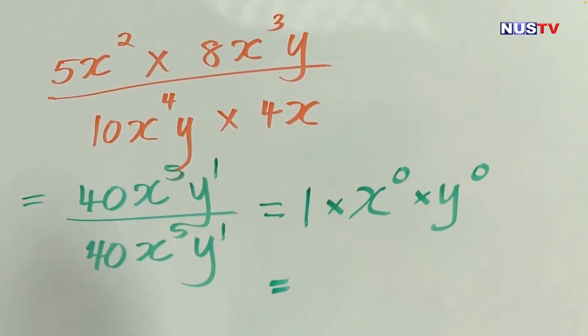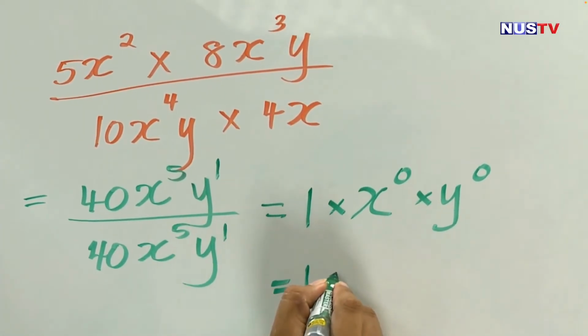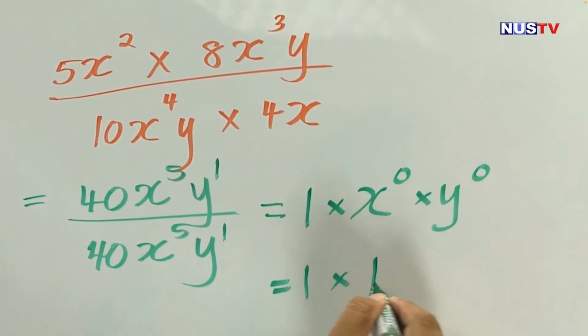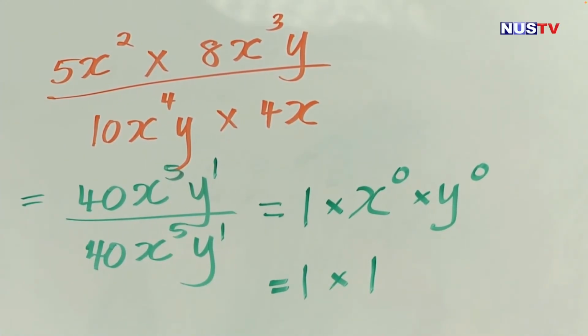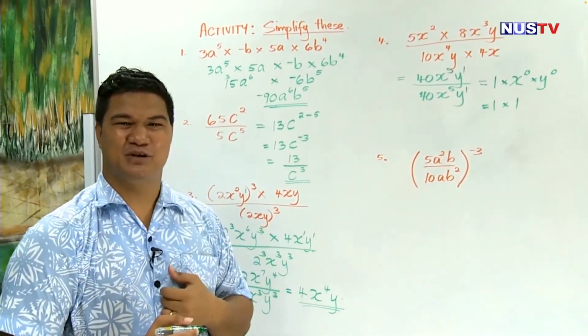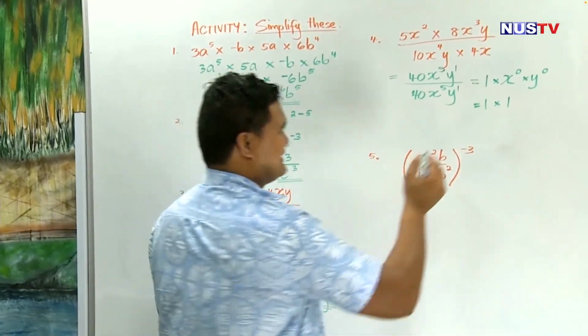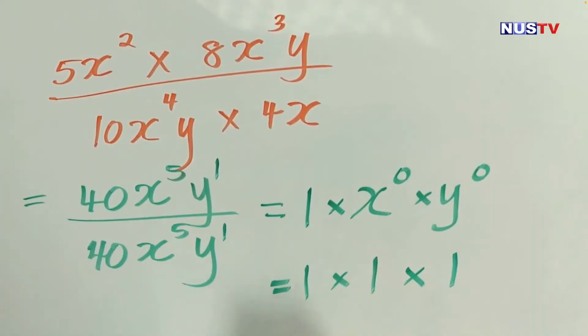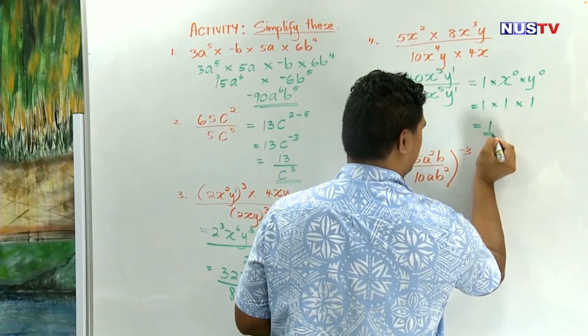So therefore, it looks like we have 1 here multiplied by x to the power of 0. Everything to the power of 0 is equal to 1. So x to the power of 0 and y to the power of 0 will be equal to 1. So that's 1 times 1 multiplied by another 1. The result will be 1.